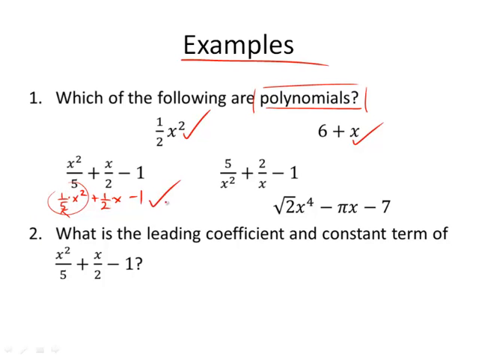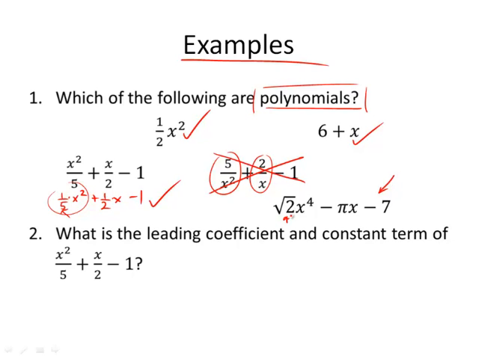Product. Check. This one here, let's take a look. This is actually 5 divided by x, divided by x. So, this one is not a polynomial because these terms are not products of numbers and variables. And let's check out the last one here.